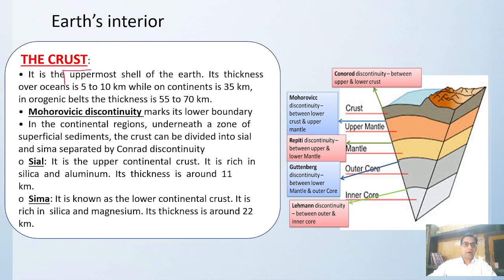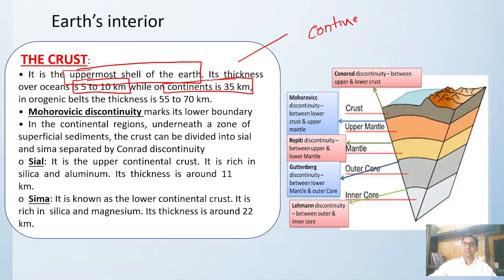The uppermost part of the Earth is known as the crust. The crust has a thickness of 5 to 10 kilometers in oceans, and in continents it is 35 kilometers. If you are standing on a continent or on land, the thickness of the crust will be 35 kilometers.